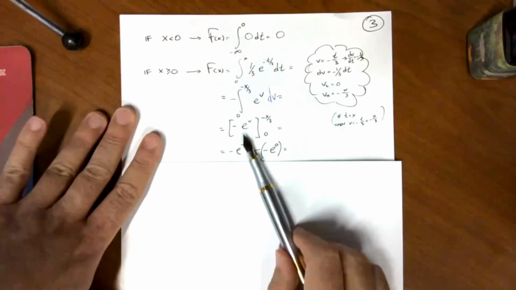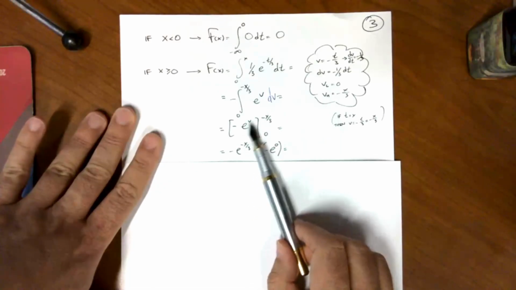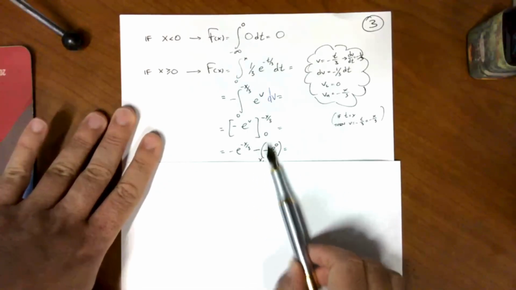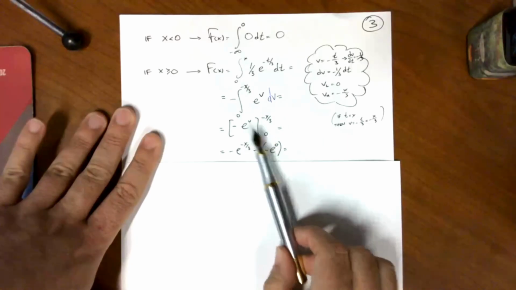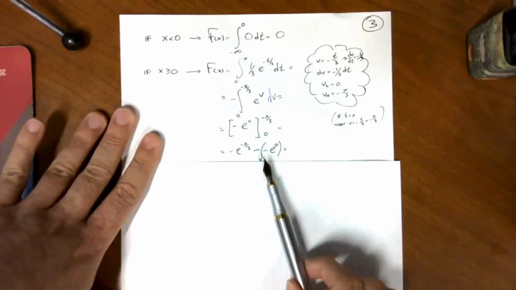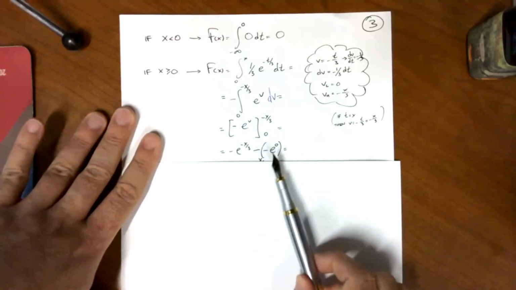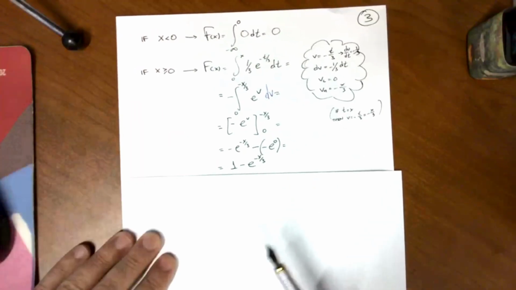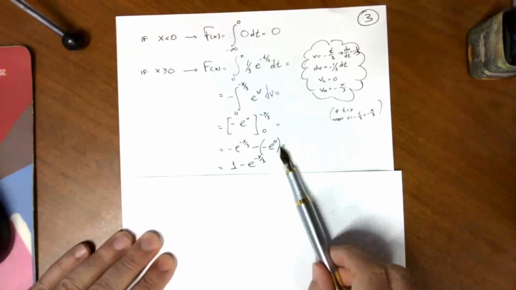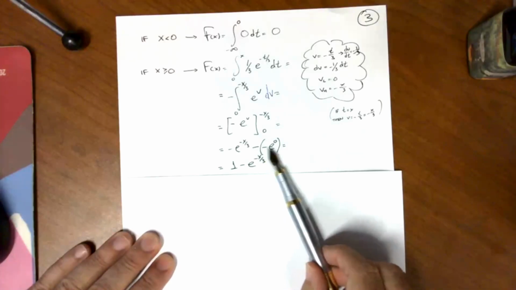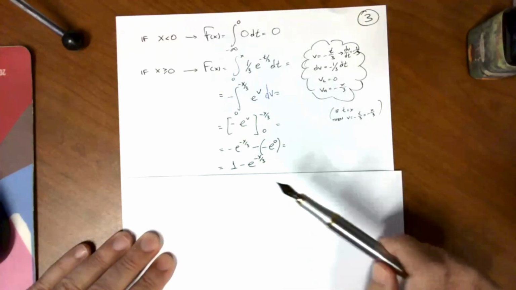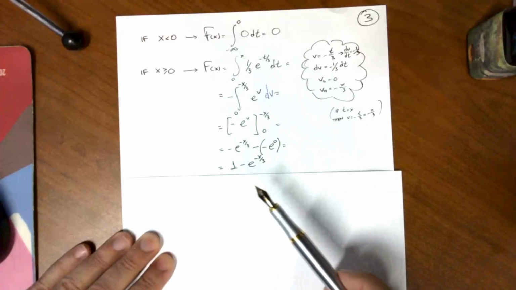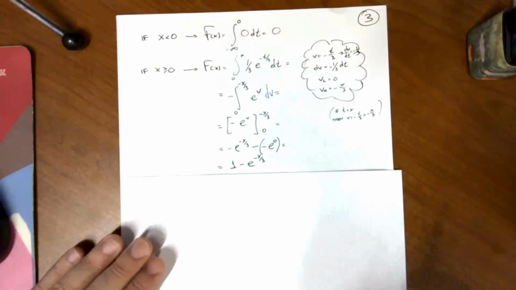So minus e to the minus x over 3, okay, minus this expression again where the v value is 0 here. So minus the minus of e to the power of 0. Fantastic. So when you do that calculation, that is equal to 1. That minus times minus becomes a positive sign, minus e to the minus x over 3.